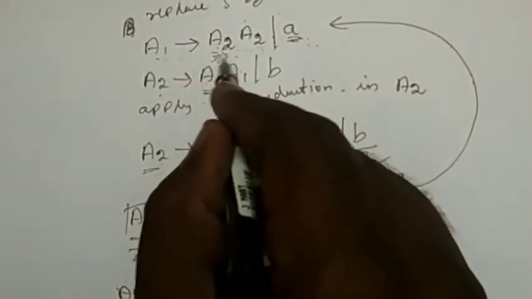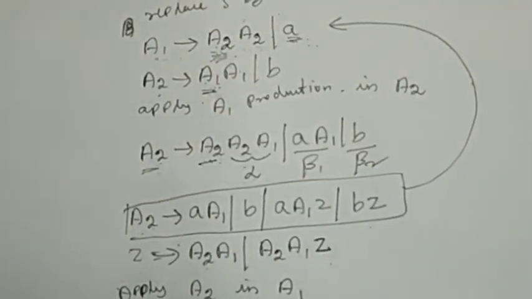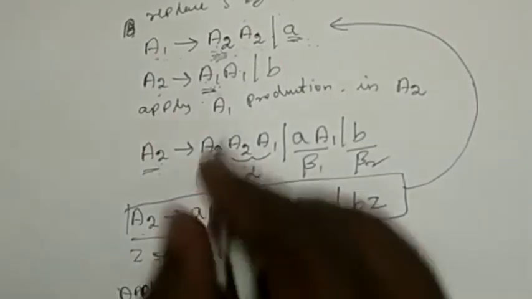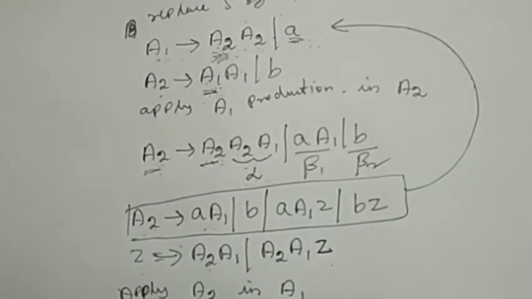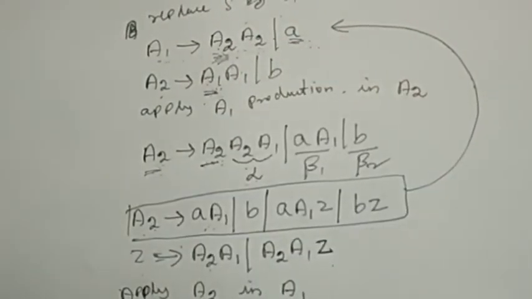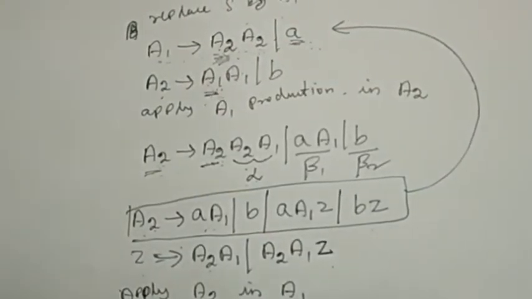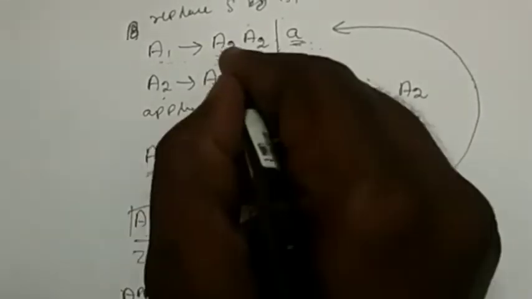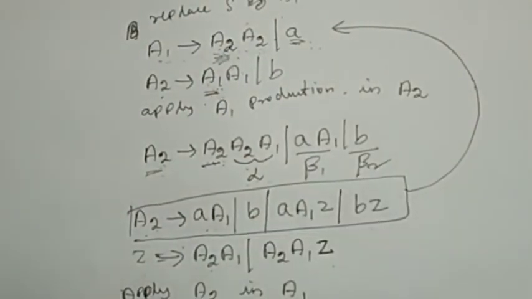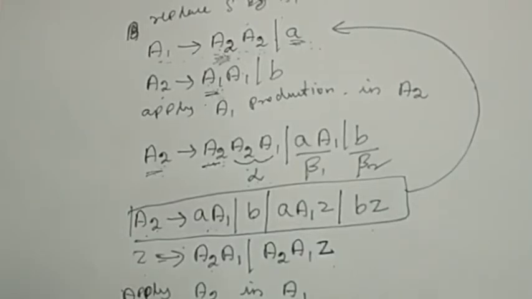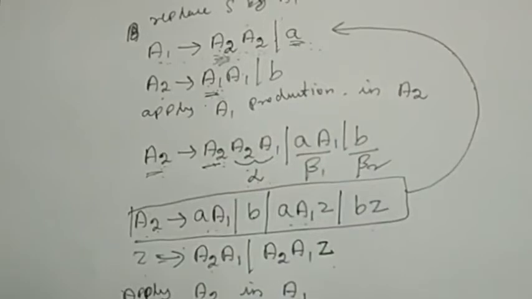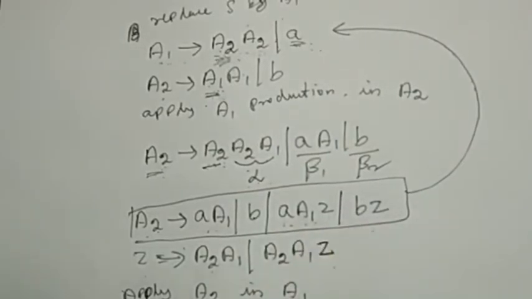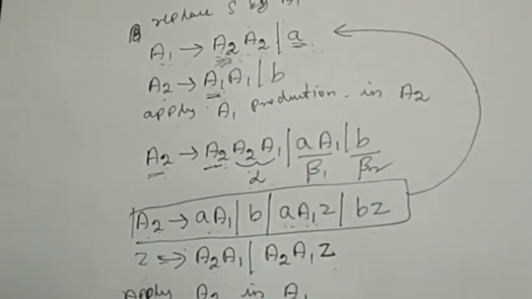So when I apply it, A2 has to be replaced. A1 tends to, when you replace A2 by A1, first A1, and already A2 exists, so you write A2 bar. Now if A2 is replaced by B here, it becomes B A2 bar, and if you replace by A1 Z, A1 Z bar A2.